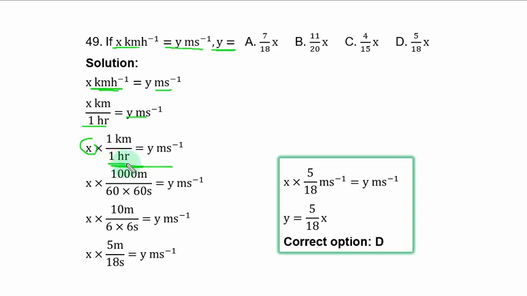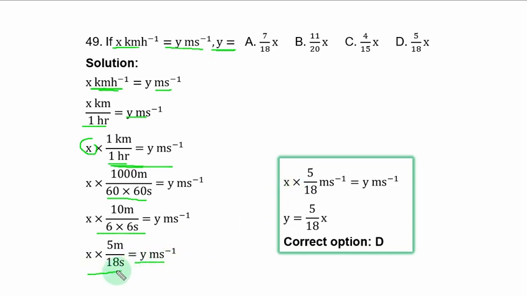Now, to express 1 hour in seconds, you have to convert it to minute first. That is 60. You convert minute to seconds, so you have 60 times 60. When you reduce, you have this result. If you multiply and reduce again, you have s times 5 meters over 18 seconds equal to y meters per second.